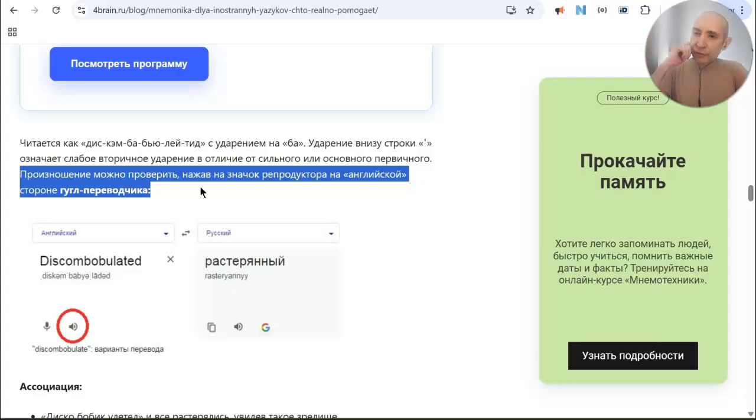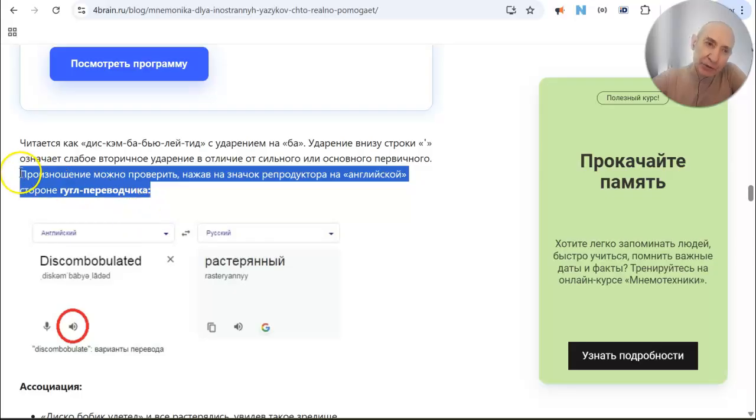What is значок, do you remember? It means a sign, little sign. Репродуктор would be a speaker. It's a good word. Please underline, speaker. На английской стороне, on the English side. Google переводчика. Переводчик means translator. So, Google Translator.